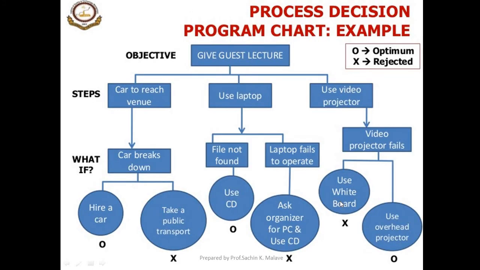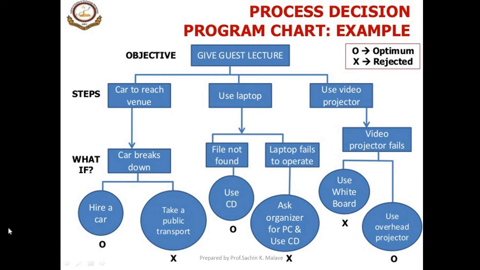The last new quality control tool is the process decision program chart, called a PDPC. What is the use of this PDPC? This chart systematically identifies what might go wrong in a plan under development.